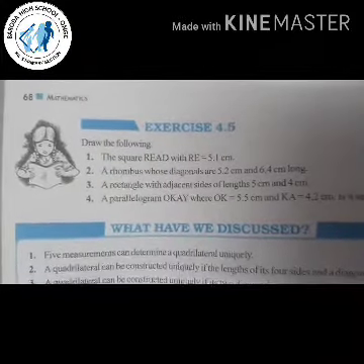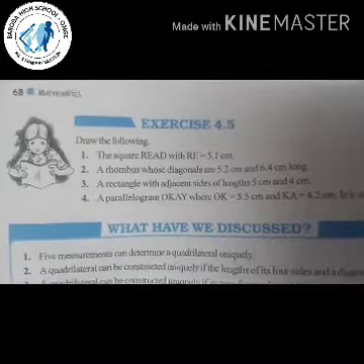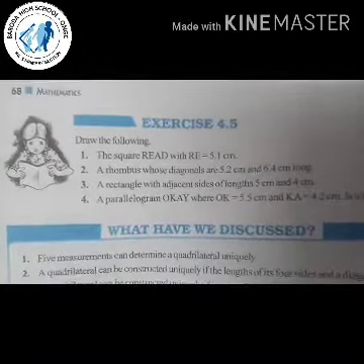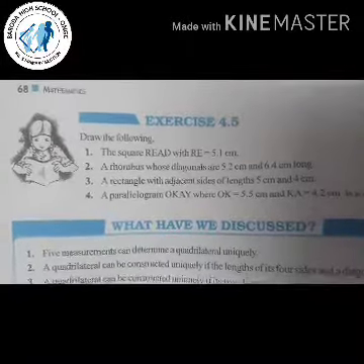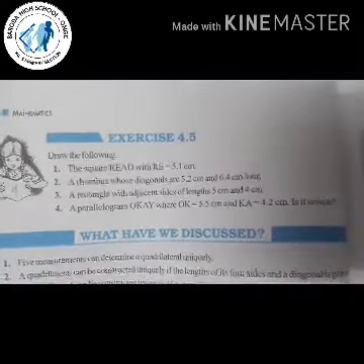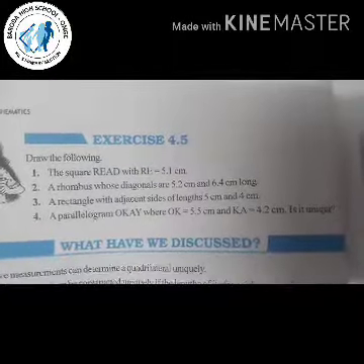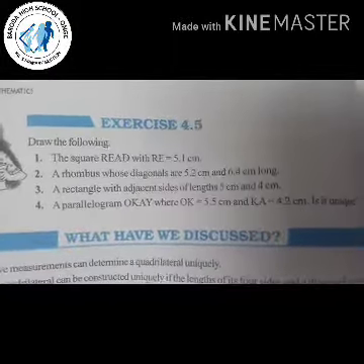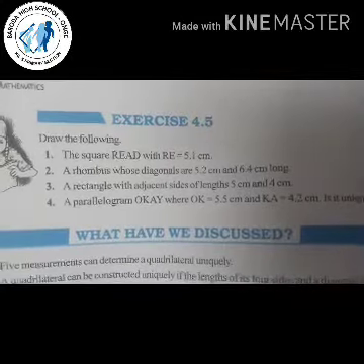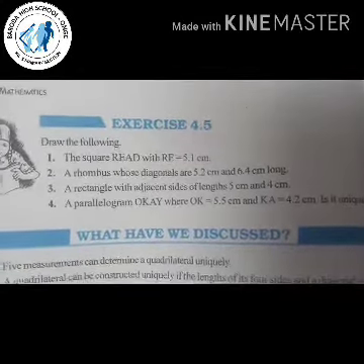Then a rectangle with adjacent sides of length 5 cm and 4 cm. Yes, you can draw because you know all the angles. And a parallelogram where two sides are given. Is it unique? Means can you make any other type of parallelogram with this? I want the answer in the Google Meet.